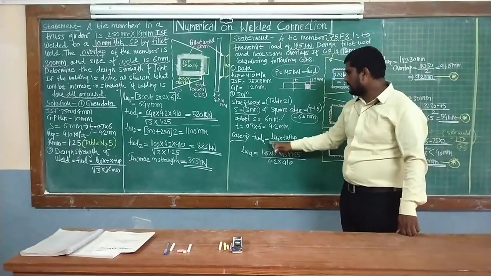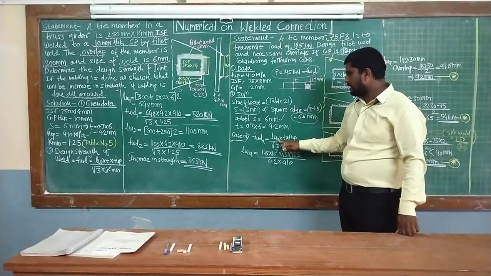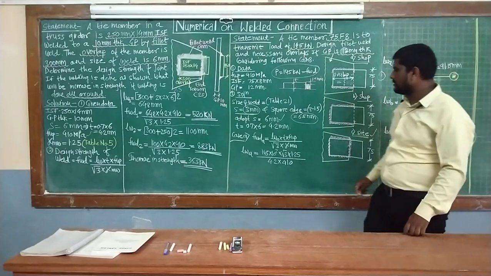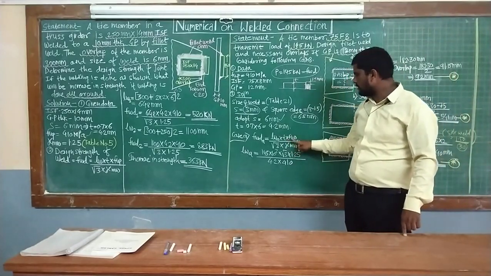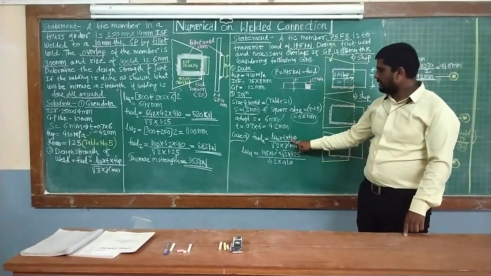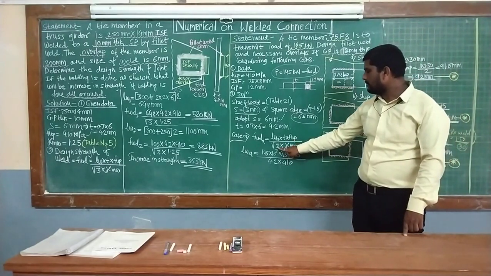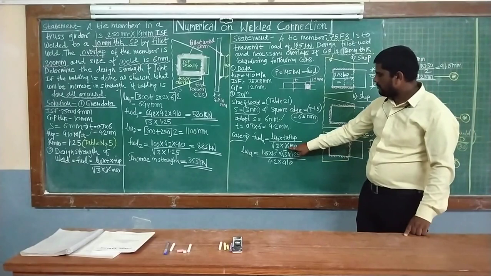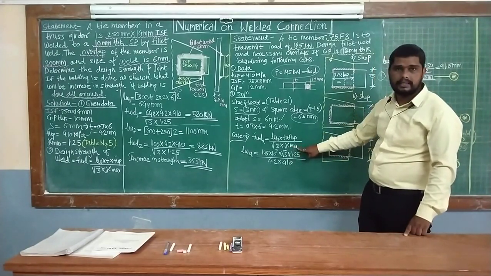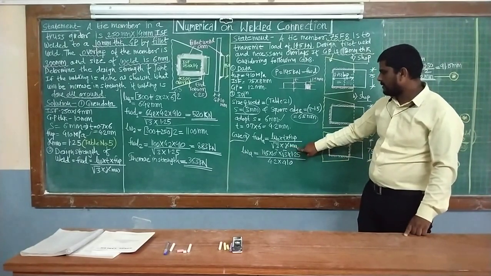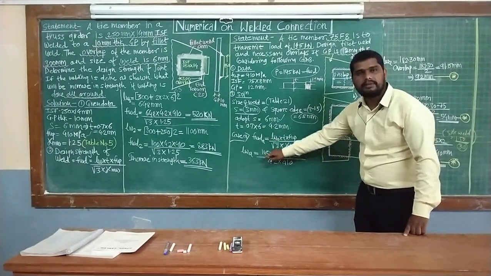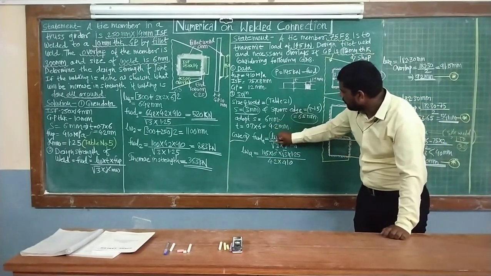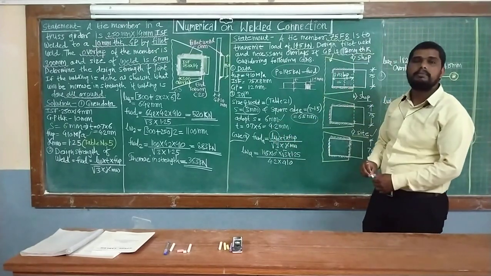So the first condition we are dealing with, here WA stands for the first case. It is the throat thickness times the ultimate tensile strength of the plate divided by root 3 into gamma mW. Here gamma mW is the partial safety factor for the material for this welding. So we have just rearranged this equation to find the value of LWA.